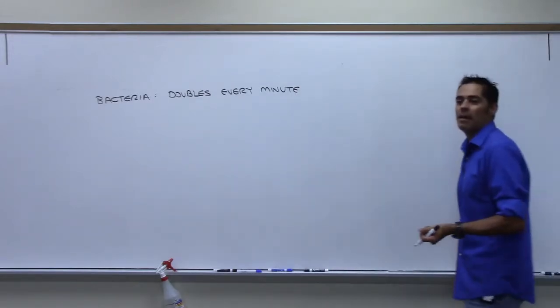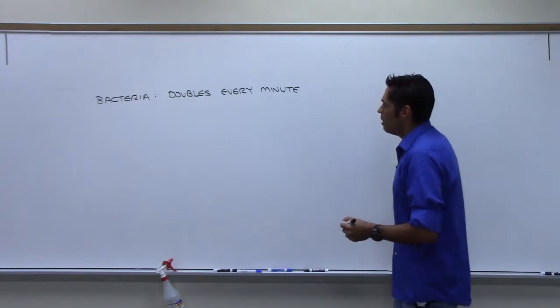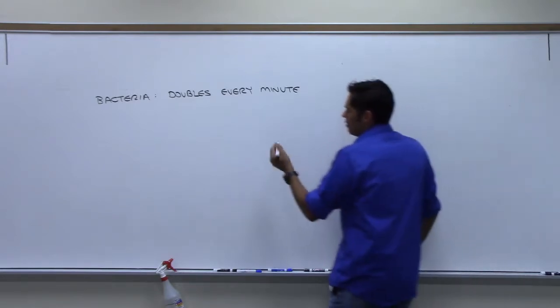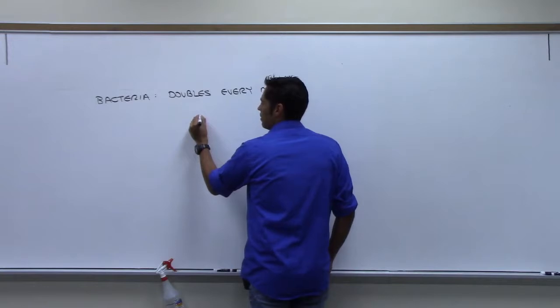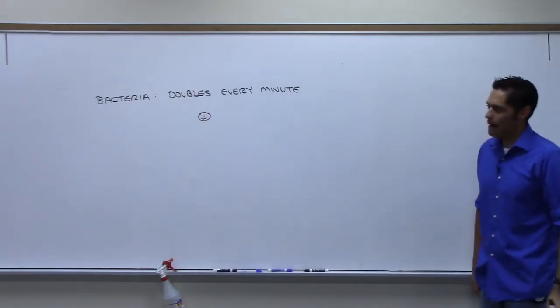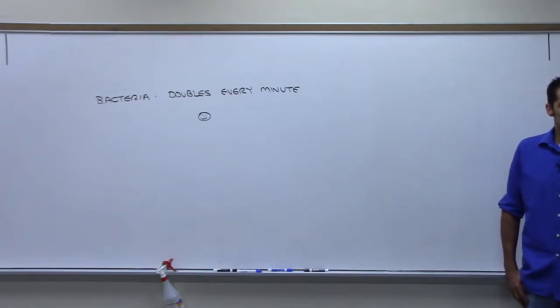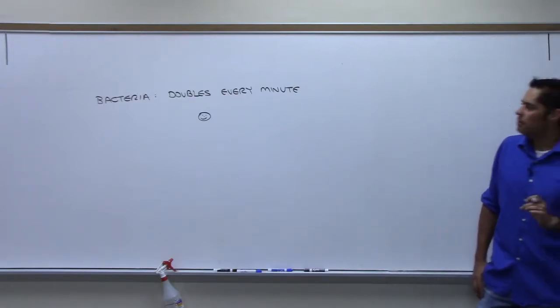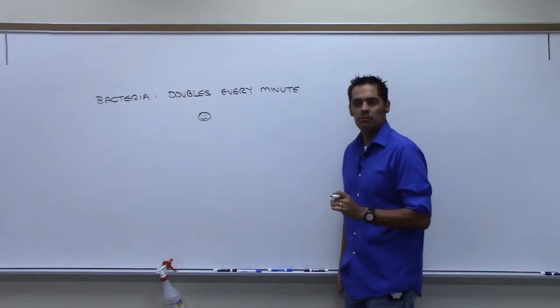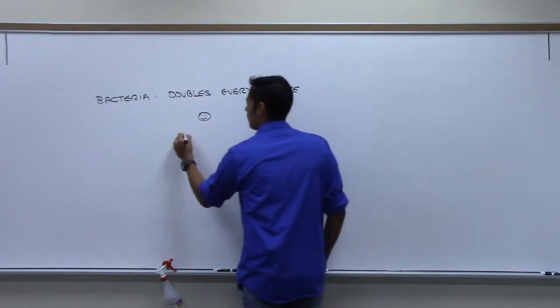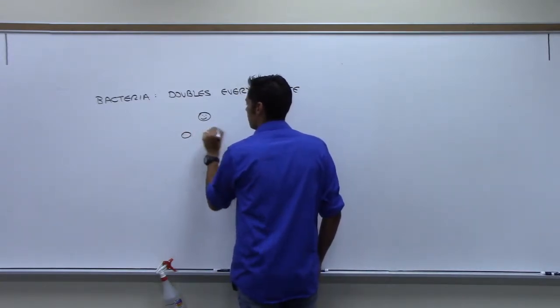So let's see why it won't make a line. Let's start with one bacteria. Here's one bacteria. I'm even going to put a little smiley face on him because he's a happy bacteria. You start with one. After 1 minute, how many are there? It's doubled, right? I'm going to stop drawing the smiley faces.